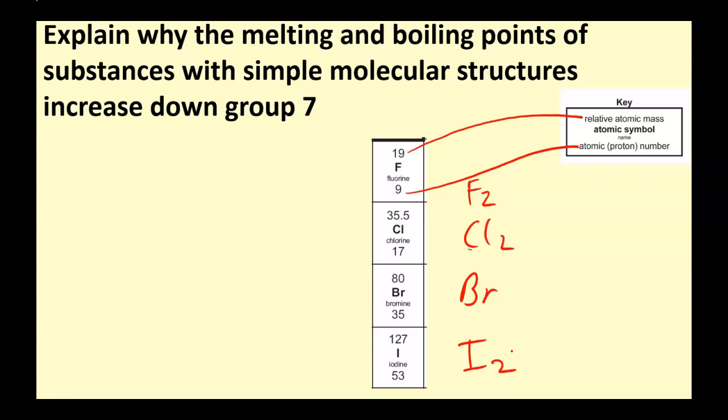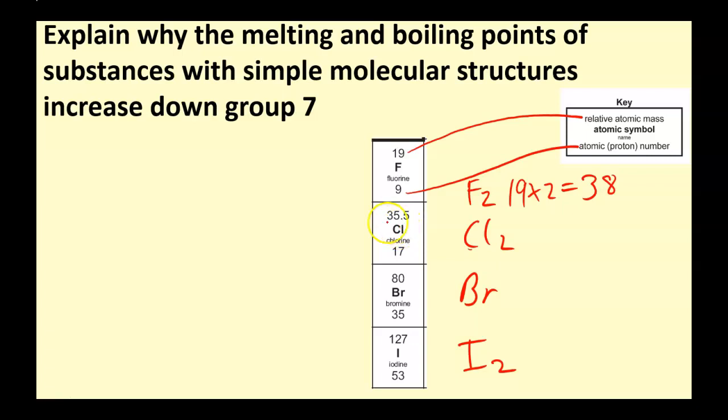Now we haven't covered this yet, but there's something known as relative molecular mass, where we take the relative atomic mass and work out what the mass would be for the formula given. So if we've got F2, it would be 19 times 2, giving us a total mass of 38.